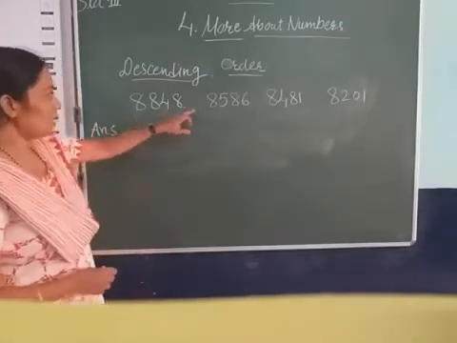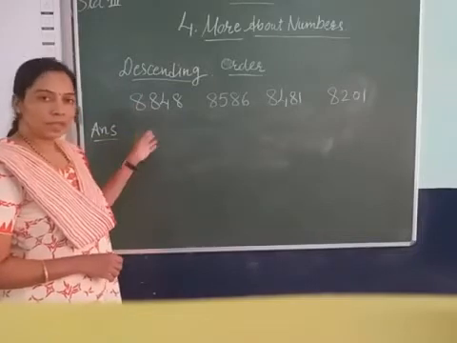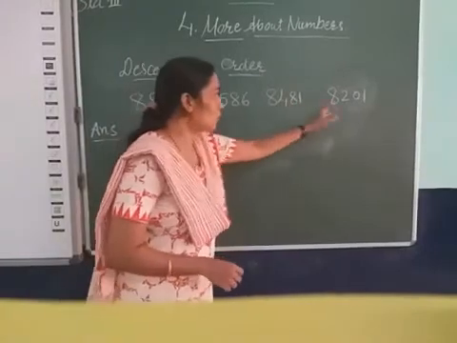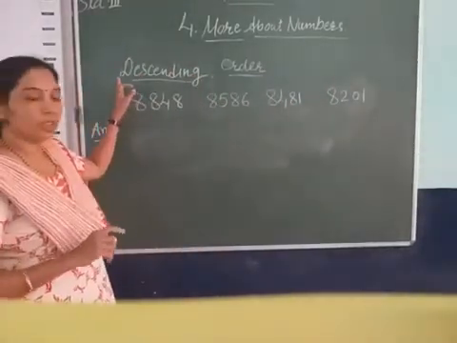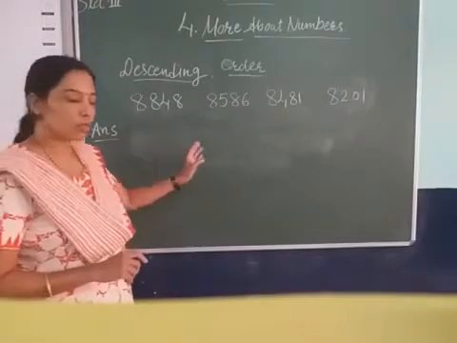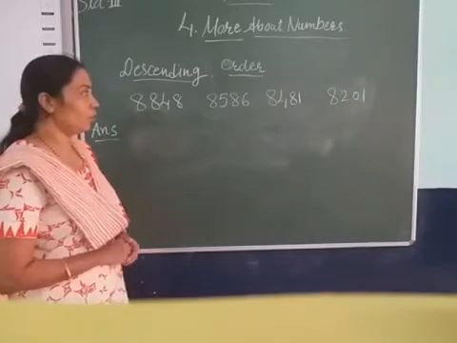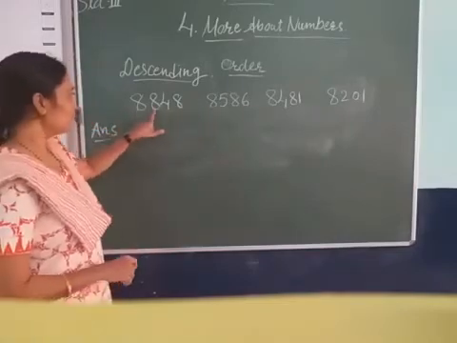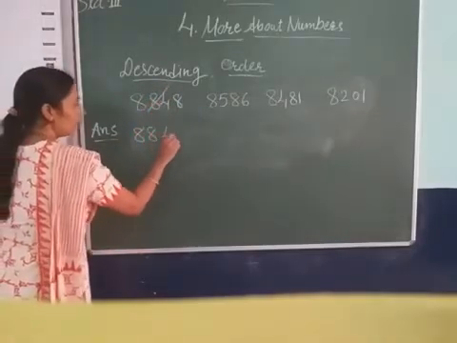Compare this 8, but in all 4 numbers 8 is on the thousand place. Let me shift to the hundred place: 8, 5, 4, 2. Which is the greater? Keep in mind we are writing for the descending order, greater to smaller. Again this 8. So first we write 8848.